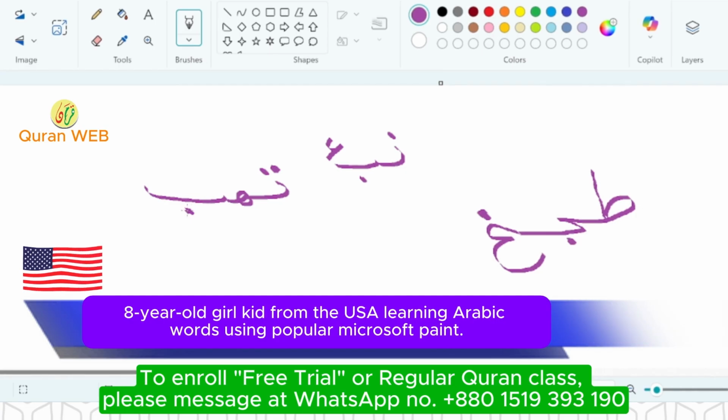Which is this alphabet? This word? Ta. Tahaba. MashaAllah. If I put another dot on top of here, what will this one be?